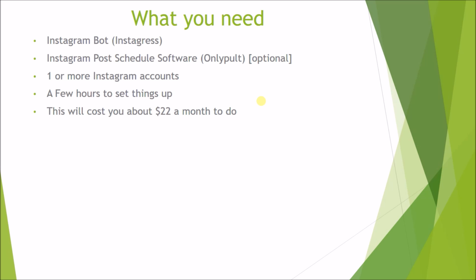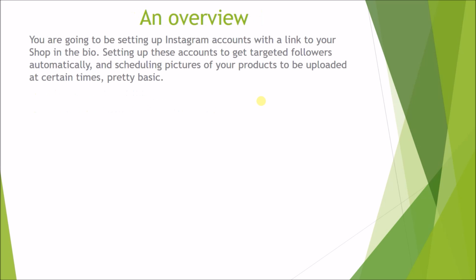And then you're going to need one or more Instagram accounts. I guess you can do as many as you want, really. And then you're just going to need a few hours to set things up. And this in total is only going to cost you about $22 a month to do. So it's really not that expensive at all. It's less money than your basic Shopify plan. So let's get into it.